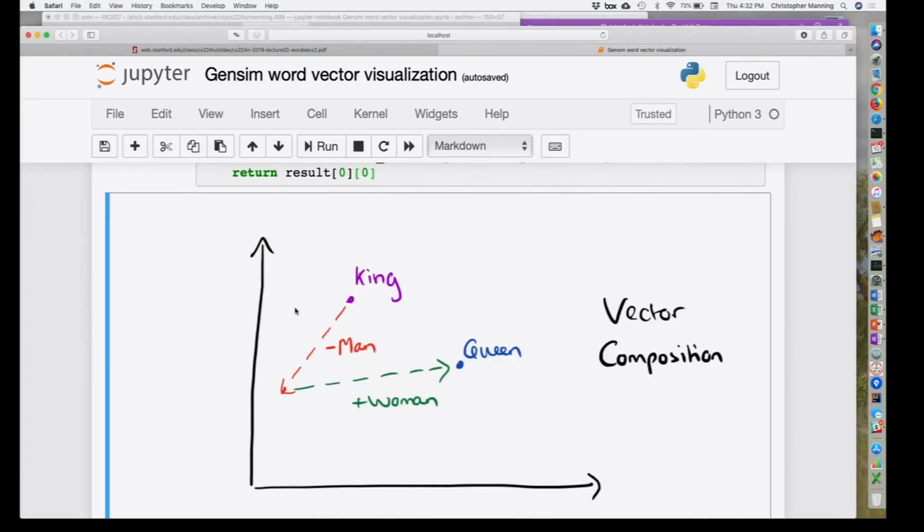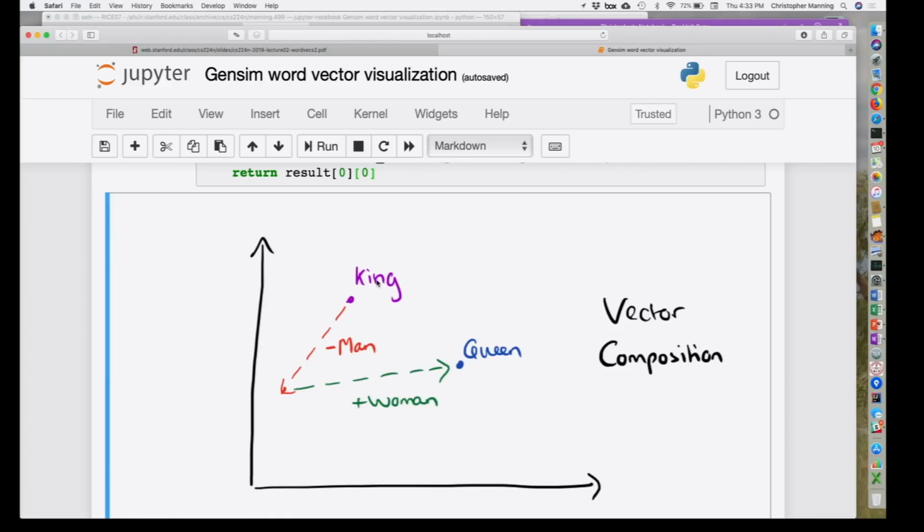A way of testing that is to use these analogy problems. I quickly showed this at the end, but just to make sure everyone got it, since it's a clever thing: we start with a pair of words like king and man. There's a vector for king in the space, and a vector for man in the space. What we're going to do is subtract, just good old vector subtraction that you hopefully learned in your linear algebra class, the man vector from the king vector.